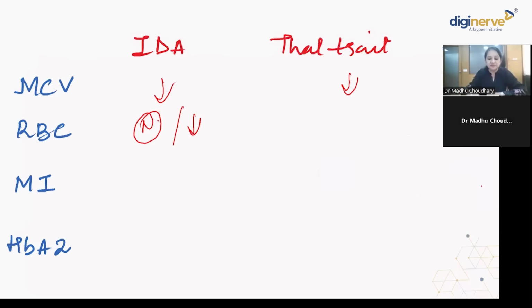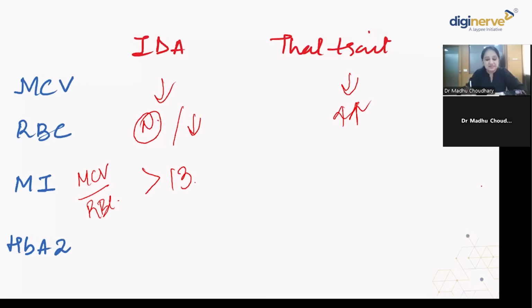But in thalassemia trait, the RBC count would be raised. So Mentzer index being MCV upon RBC, what value do we see in iron deficiency anemia? Since the RBC count is low, MCV is also low, so it will be more than 13.